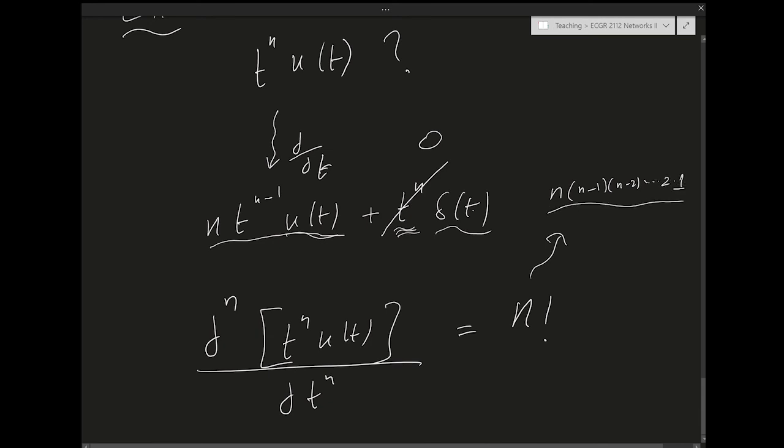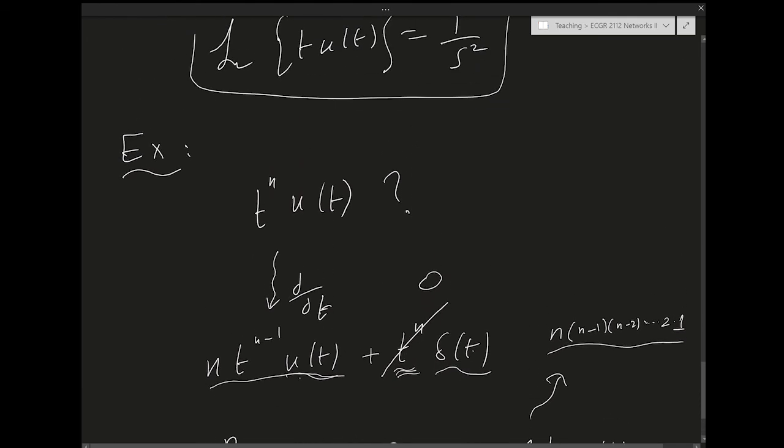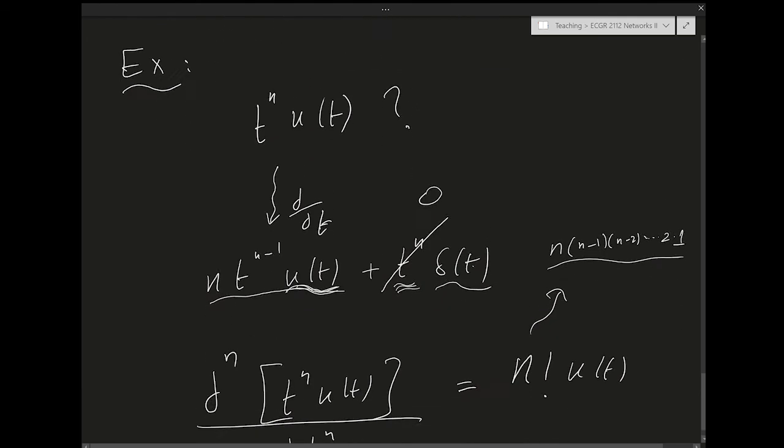This is just the factorial function. It occurs naturally when you differentiate repeatedly, times u of t. Every time we do a differentiation, we still end up with u of t.